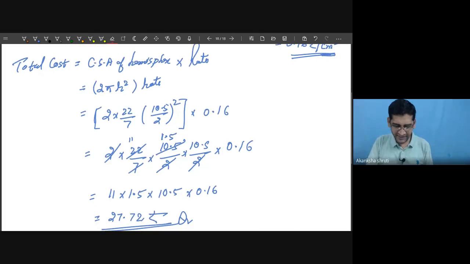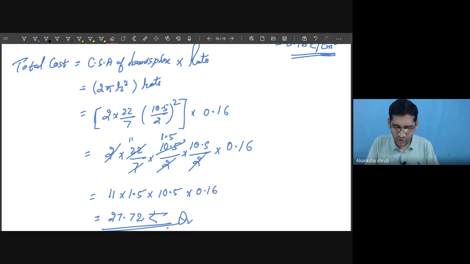Yes, students, we were calculating the total cost. So we have substituted the CSA of the hemisphere and multiplied it by the rate. For the CSA, the area is 2 pi r square.